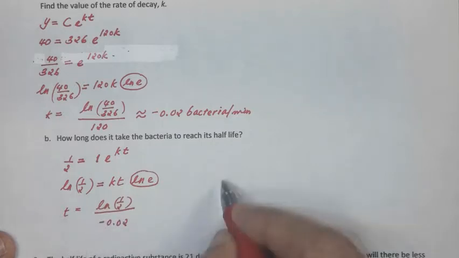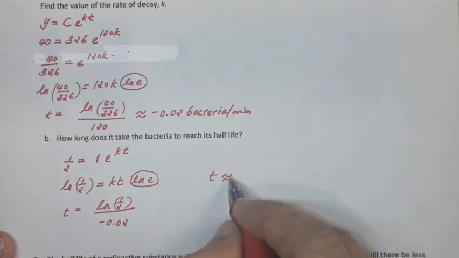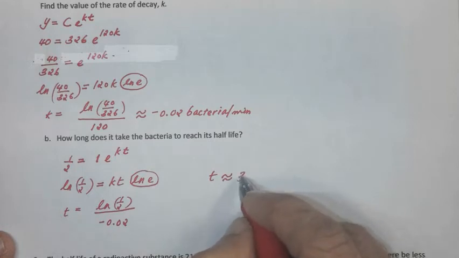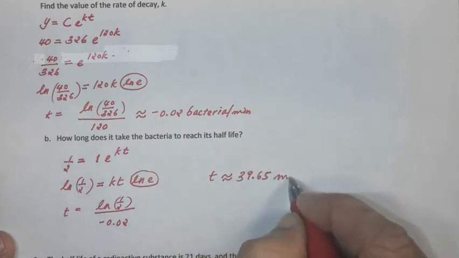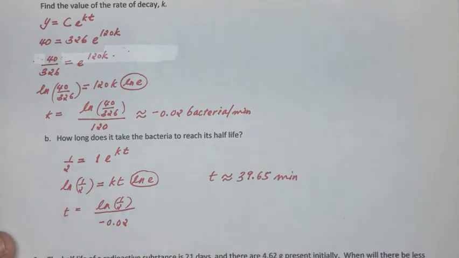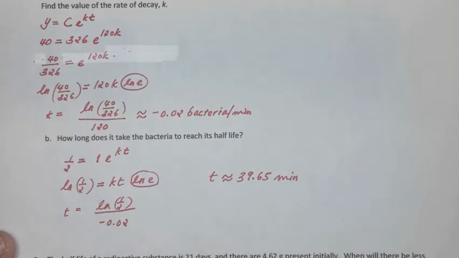By using a graphing calculator, t is approximated as 39.65 minutes. So that means it will take about 39.65 minutes for the bacteria to reach its half-life.